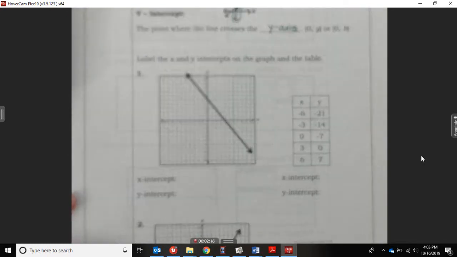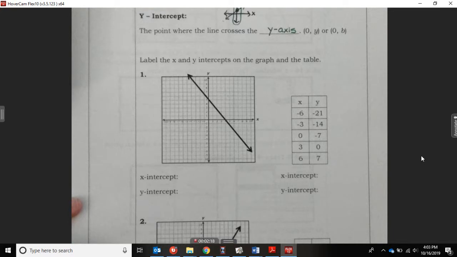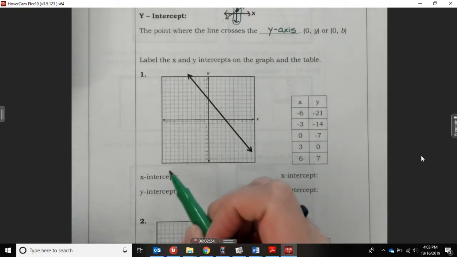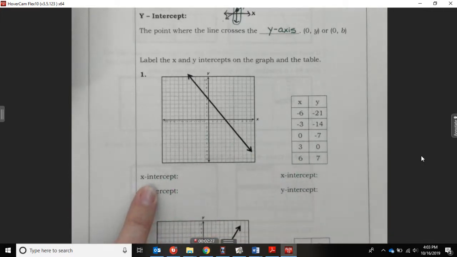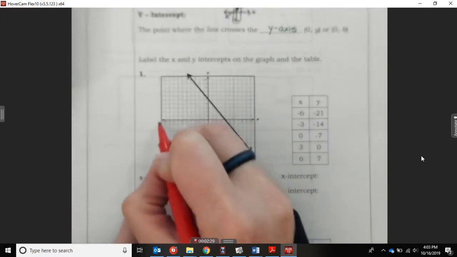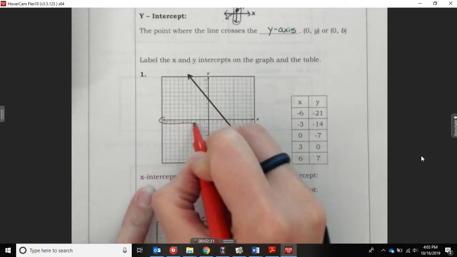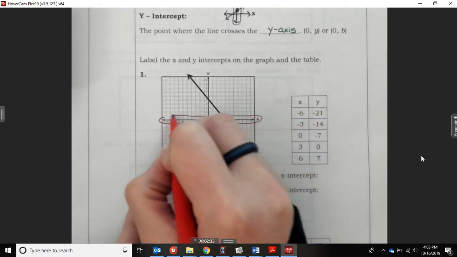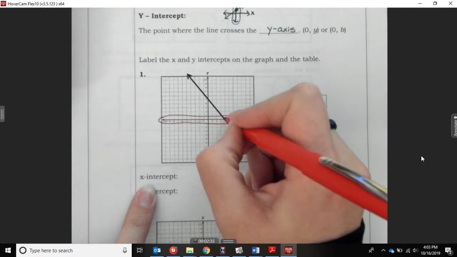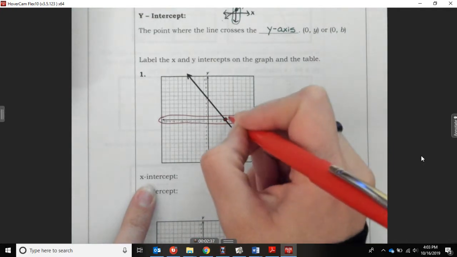So number 1, label the x and y intercepts on the graph and the table. And on number 1, my x-intercept crosses the x-axis. So where does a line cross the x-axis? Right here at 4.